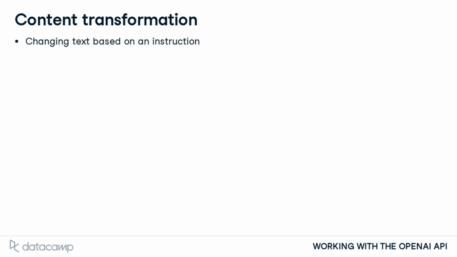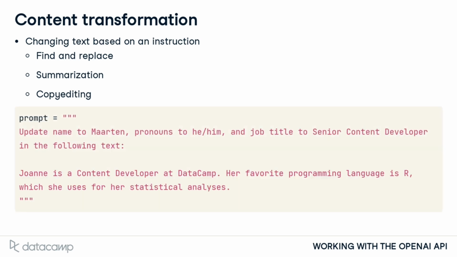Text transformation includes tasks such as find and replace, summarization, and copy editing. For example, we can use the API to update the name, pronouns, and job title in a biography. Notice that the prompt starts with the instruction, then the text to transform.